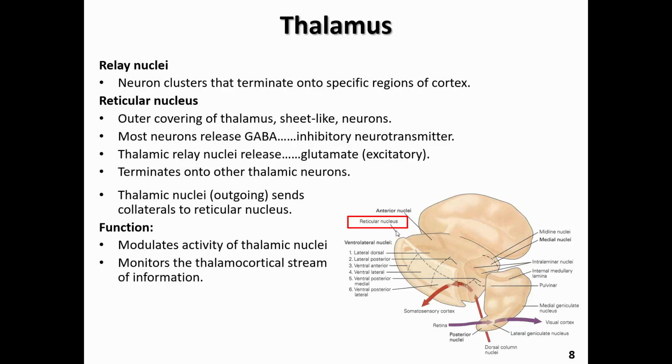And the label here that's outlined in the red box tries to demonstrate this outer sheet, this shaded area that's cut here represents that outer sheet over the thalamus, which is made up of these neurons. So this ends our second video of part 3 of the somatosensory system.